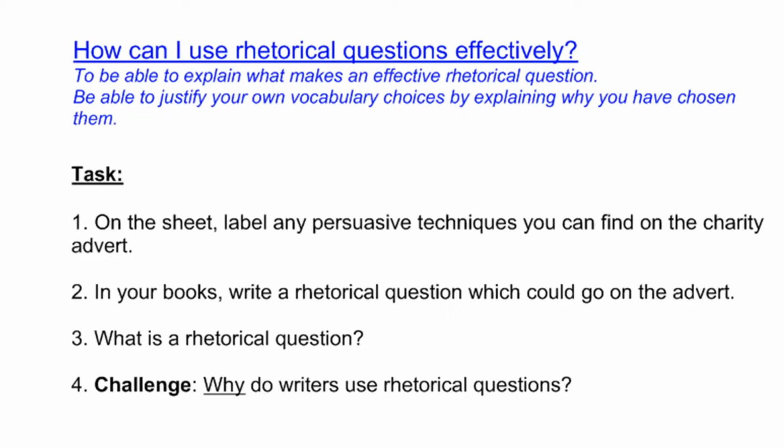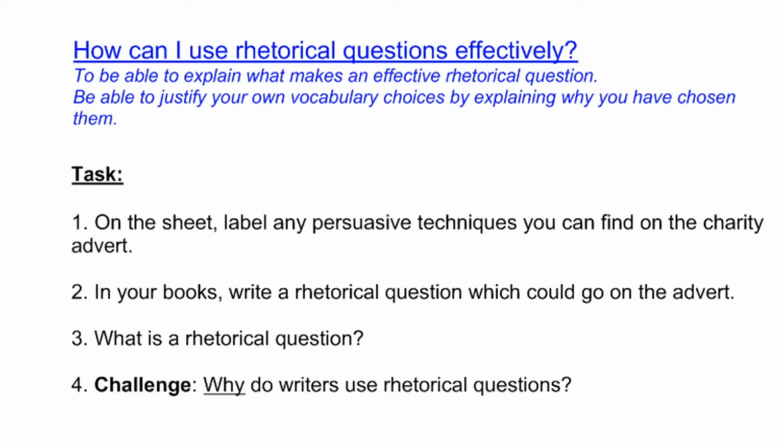So the objectives today: at the end of the lesson, you should be able to explain what makes an effective rhetorical question. You should also be able to justify your own vocabulary choices by explaining why you have chosen these rhetorical questions.